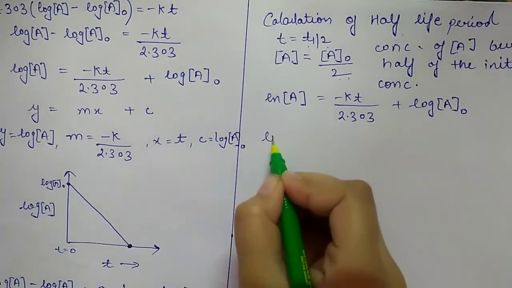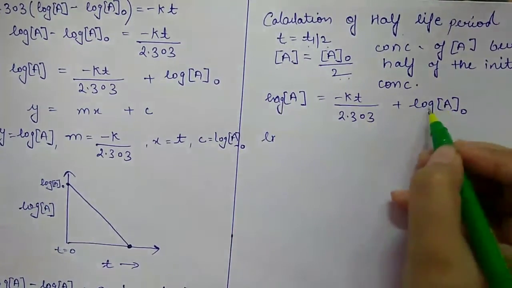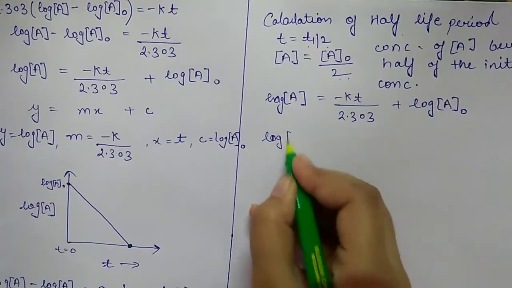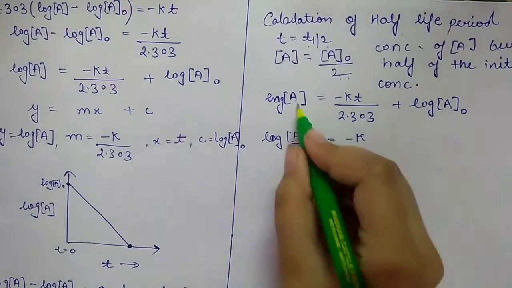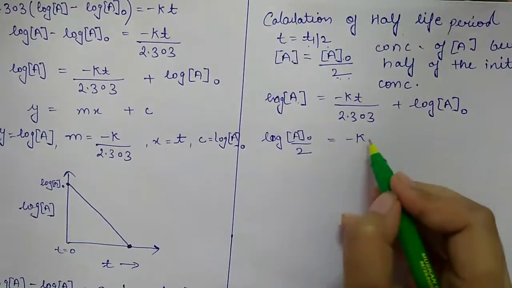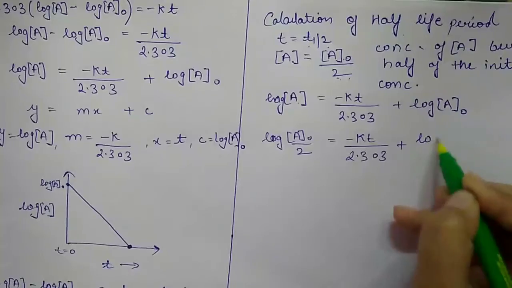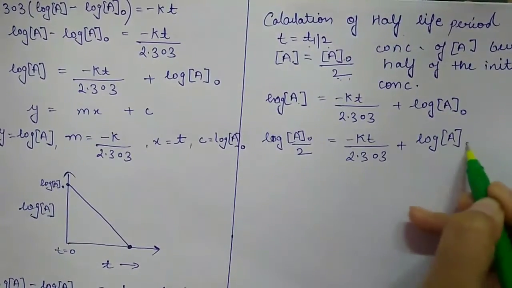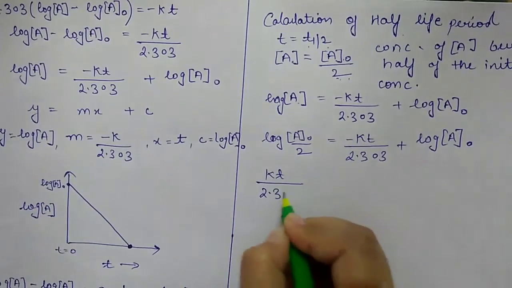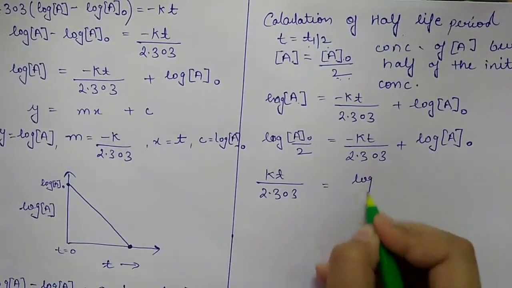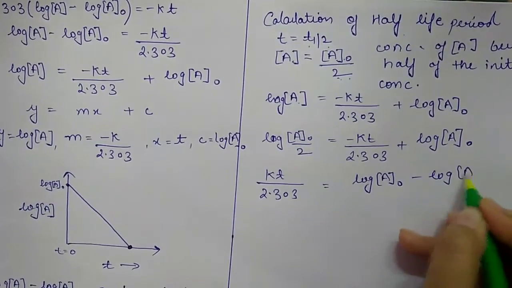so, sorry, here it is log A naught by 2, A is equal to A naught by 2, is equal to minus kt by 2.303 plus log A naught. So kt by 2.303 is equal to log A naught minus log A naught by 2.